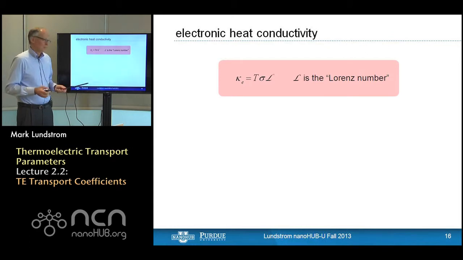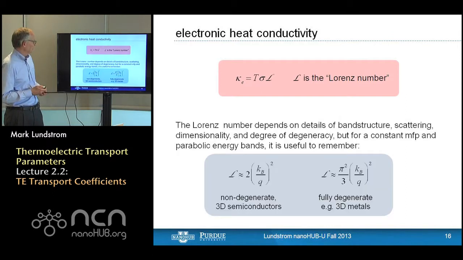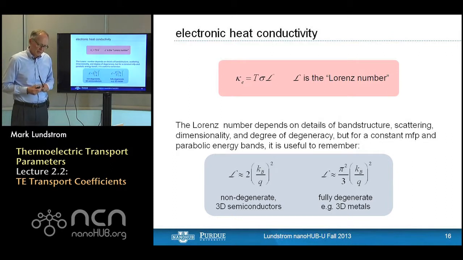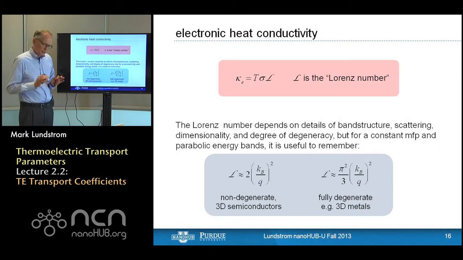So then it looks simple, but we've hidden a lot of complicated things inside that Lorentz number, which involves integrals of various quantities over what might be complicated band structures. But if you want to carry something around in your head, people rely on these simple estimates widely, even though they're not always true.